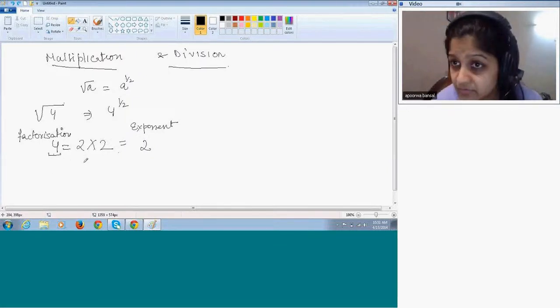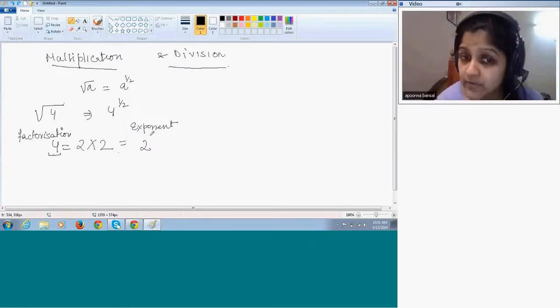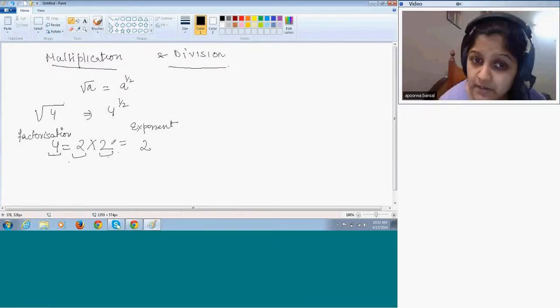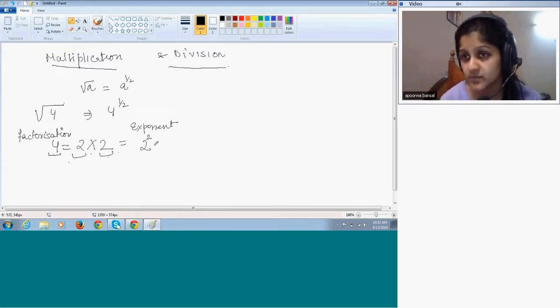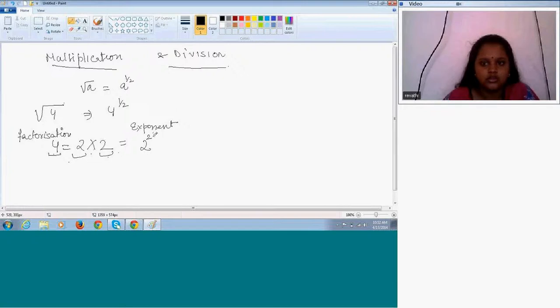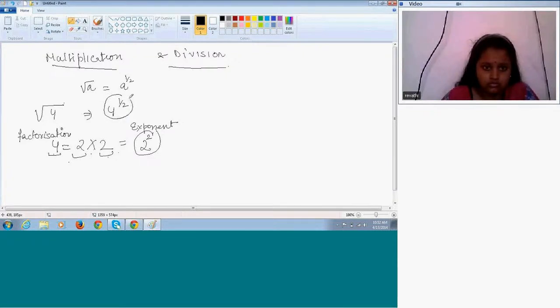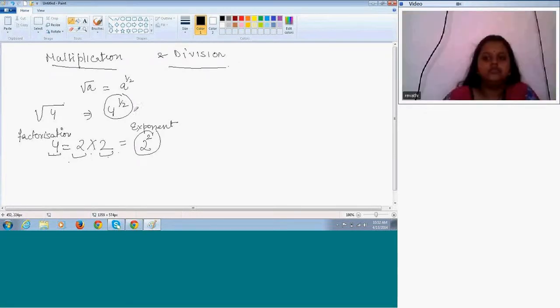For example, 2 is repeating, so 2 to the power 2. This form is known as exponent form. Same way, 4 to the power 1 by 2 is also an exponent form. In this, we have a fraction.